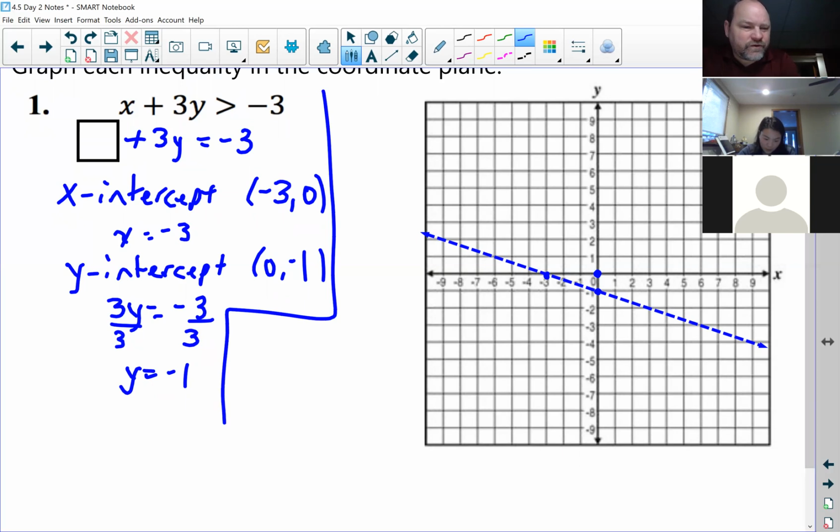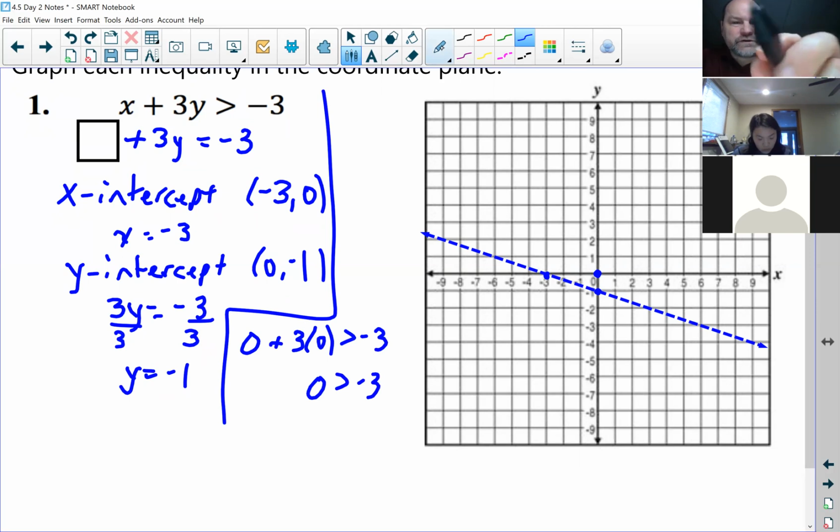So if I plug 0 in for x and 0 in for y, I get 0 is greater than -3. True. So I can shade the side that 0, 0 is on.